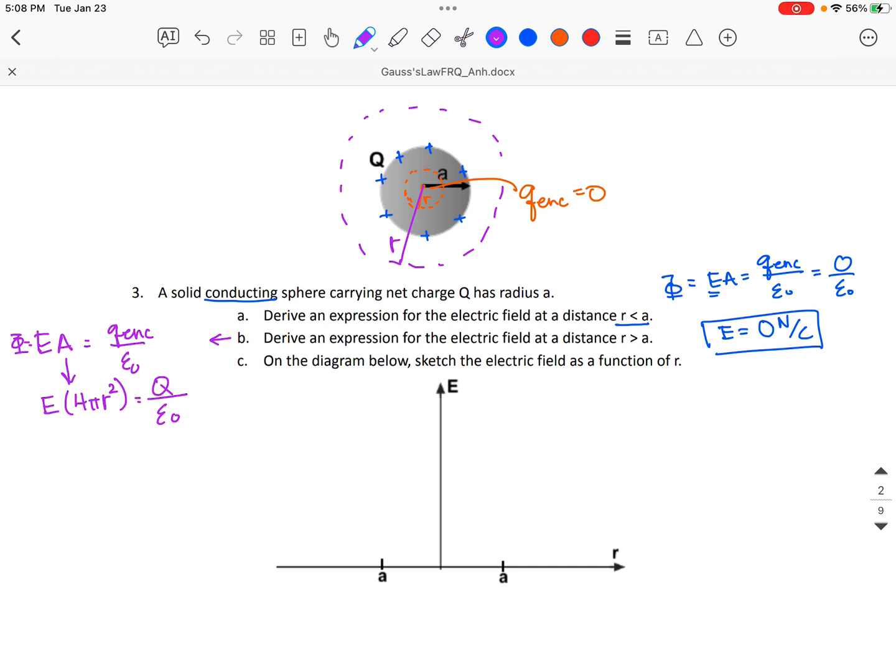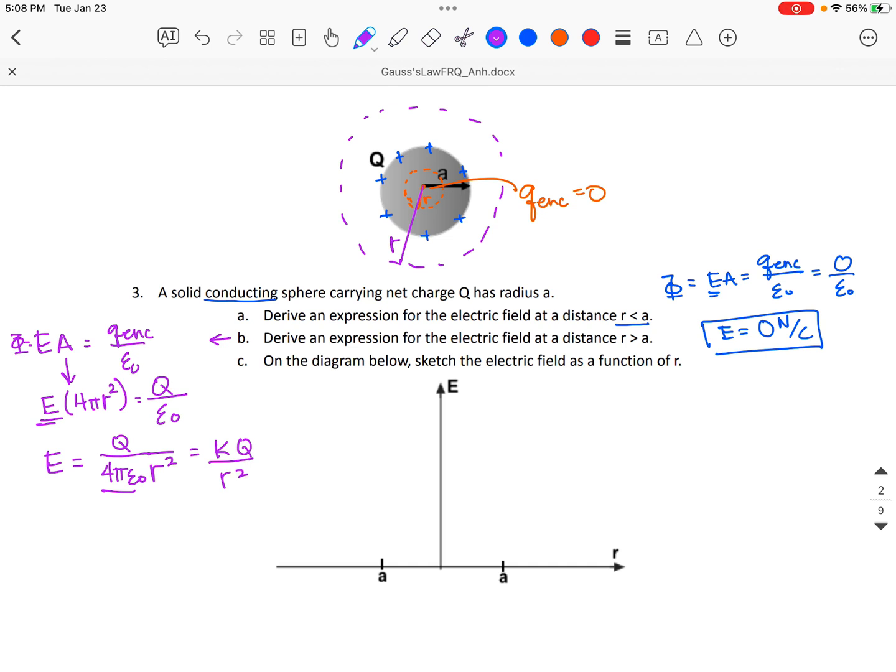So if I'm trying to solve for the electric field here, I'm just going to divide the 4 pi r squared to both sides. And I'm going to rearrange it so that my 4 pi epsilon naught is together, because I know that that equals K. And I can simplify this down to KQ over R squared.